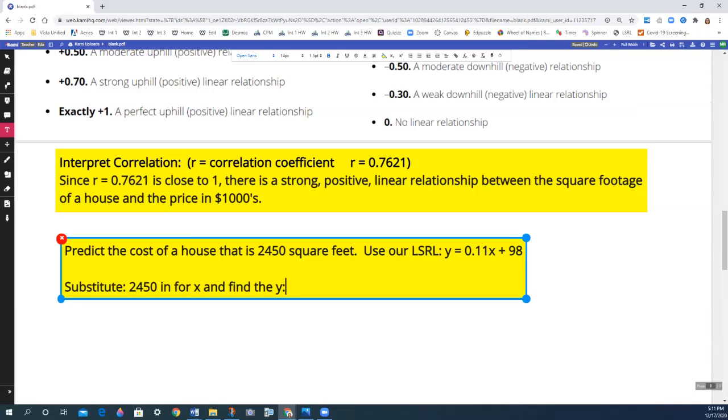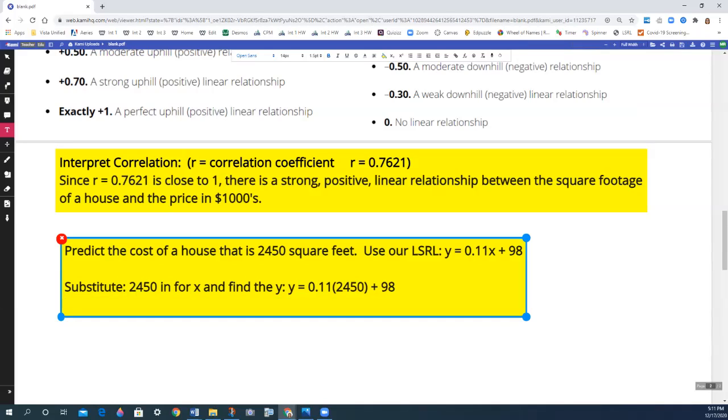So y equal 0.11 times 2,450 plus 98. And when I put that in my calculator, let's see what we get.